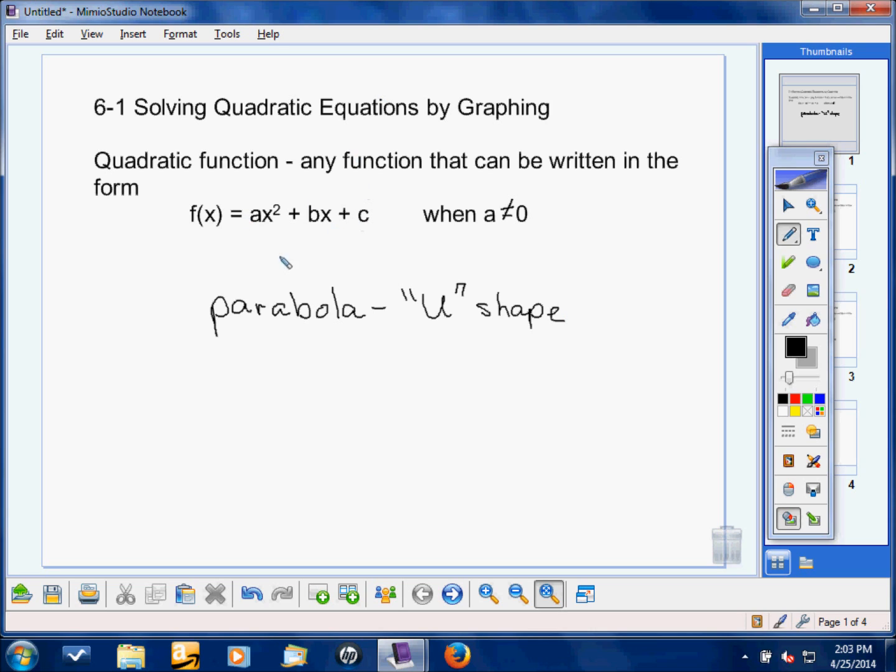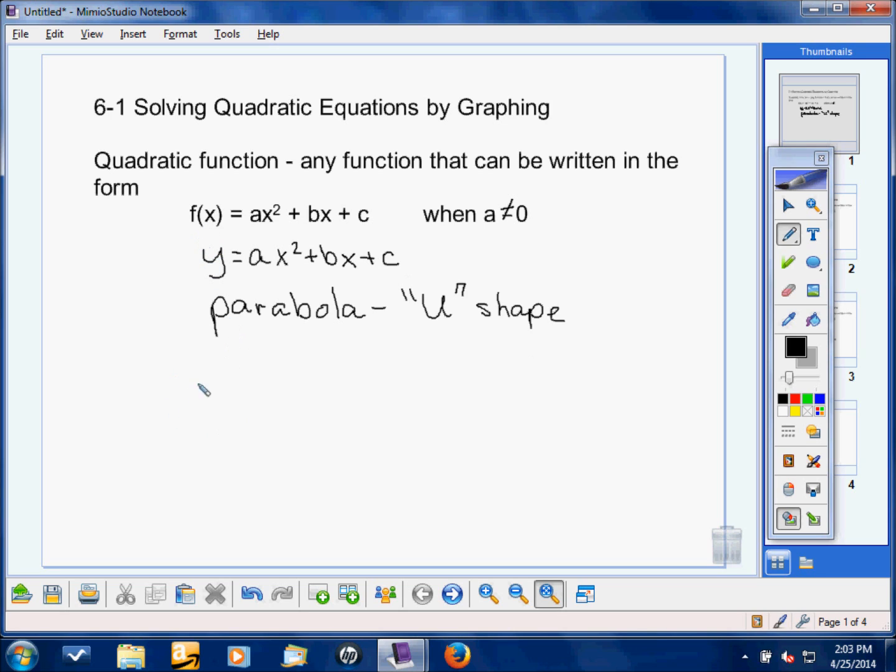The squared part. Remember, f of whatever can just be replaced with a y. So this really could just be y equals ax squared plus bx plus c. Remember, this is just function notation, which really just means a y.